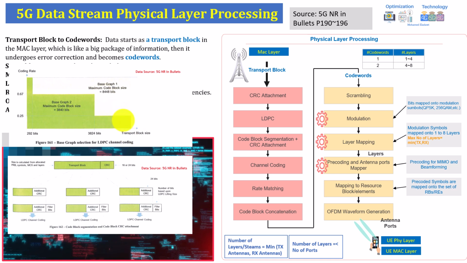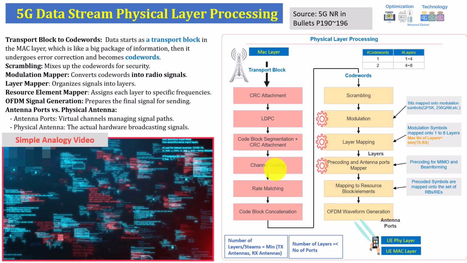Based on this information, it will decide whether a block segmentation is required or not. For example, if the transport block is very big, it requires additional segmentation, as you can see here. The segmentation is in general required to ensure that the maximum code block size is not exceeded, because if it is exceeded, it will cause problems whenever you transmit over the air interface.